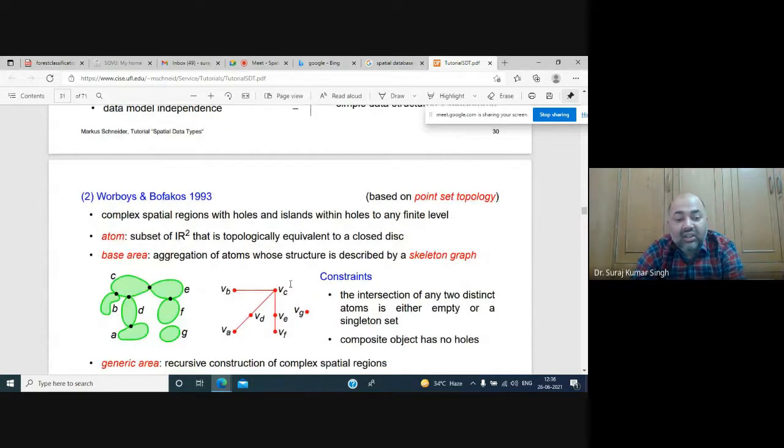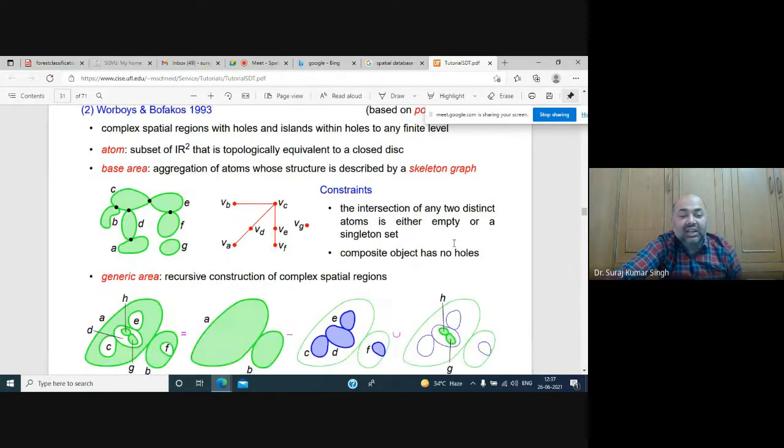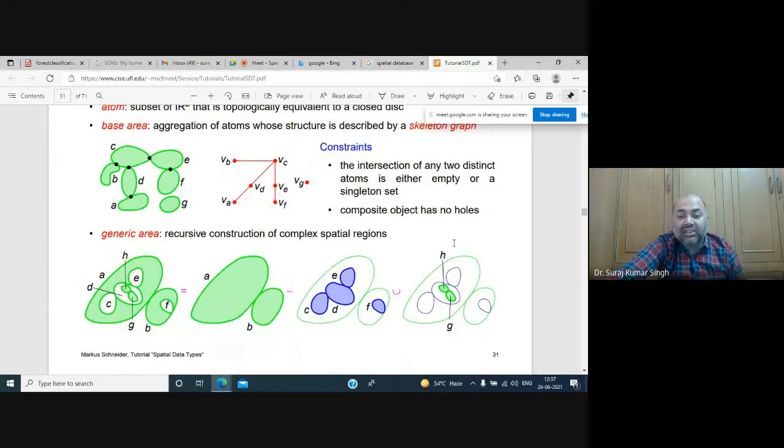Now, the second definition given by Worboys and Bofakos in 1993 is based on point-set topology, that says that a complex spatial region with holes and islands within the holes at finite level, an atom is a subset of R squared that is topologically equivalent to a closed disk. Base area is an aggregation of atoms whose structure is described by a skeleton graph.